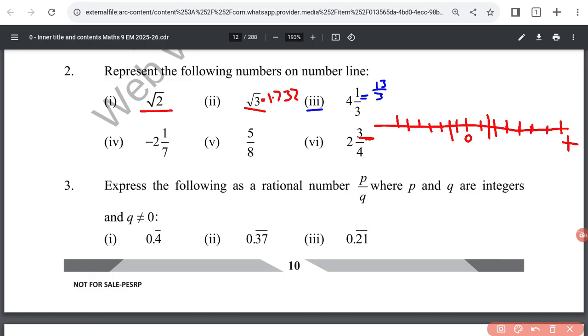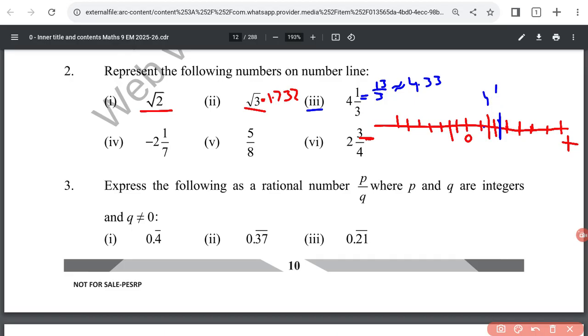So 13 over 3 is approximately equal to 4.33. So it will become here, 1, 2, 3 and 4. So 4.3 will be almost here. So it will fall here, 4 and 1/3.